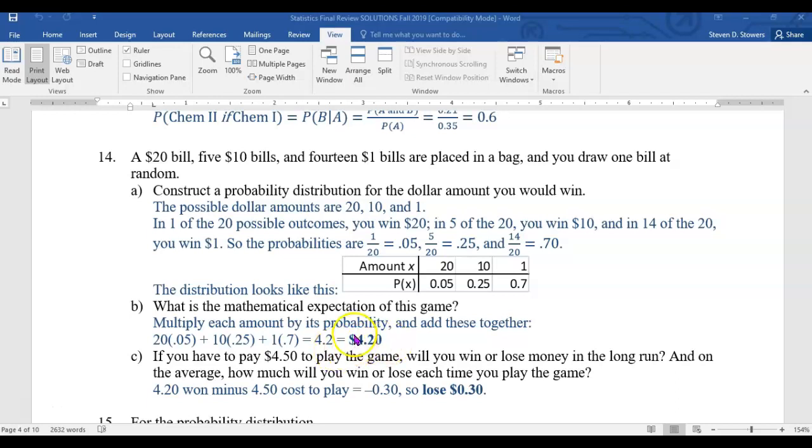It makes more sense to write it as $4.20. So if you had to pay $4.50 for something that wins you back on the average $4.20, in the long run, you're going to be losing money. You're going to be losing an average of 30 cents a game.